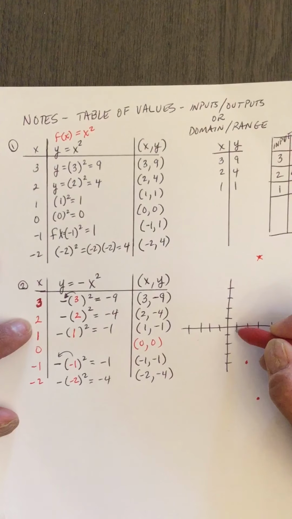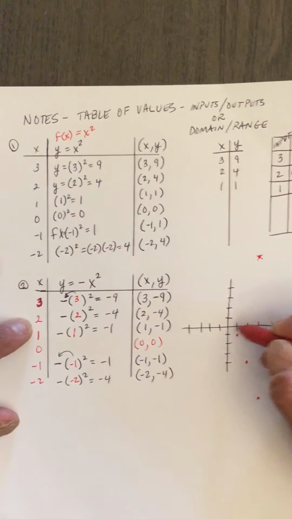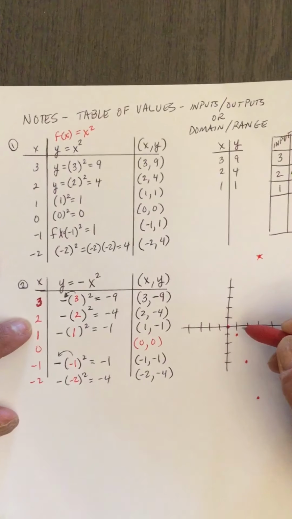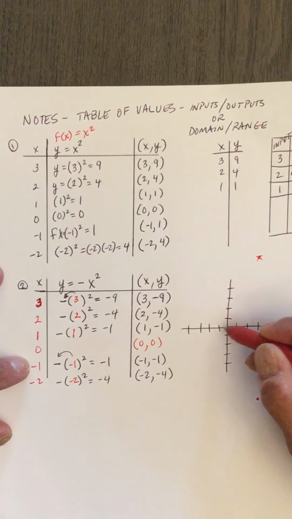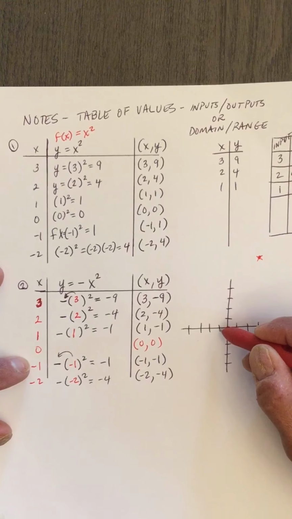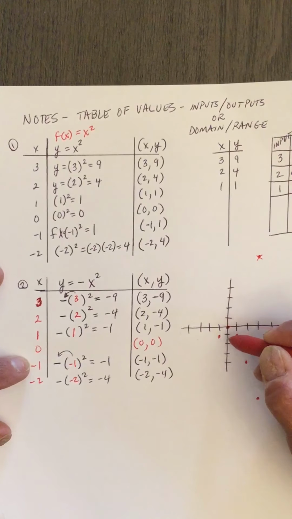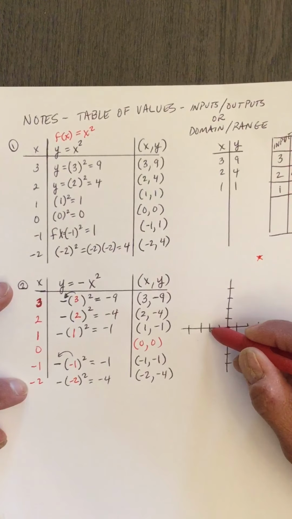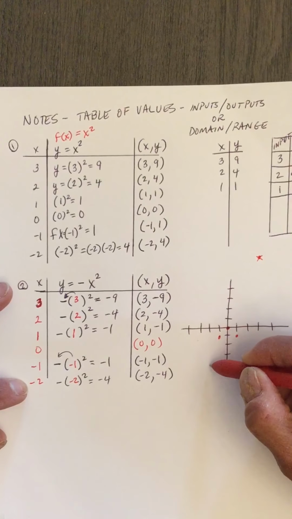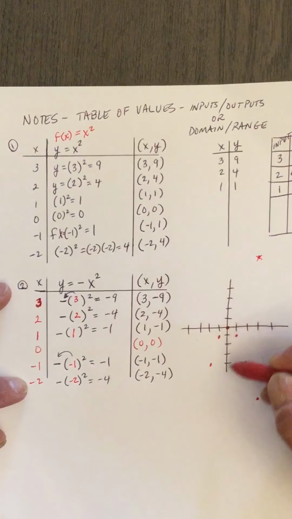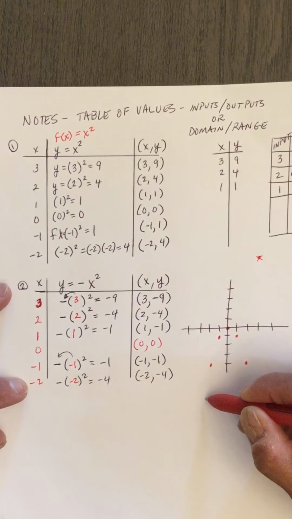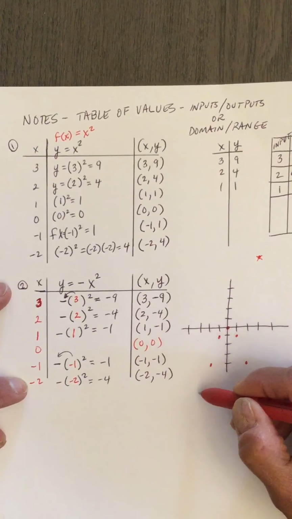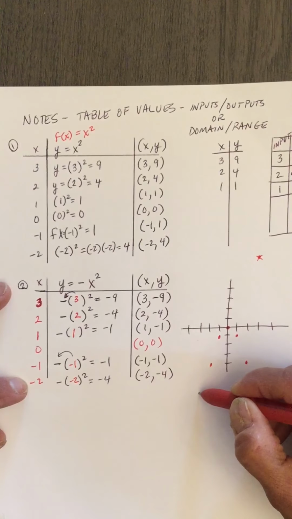1, negative 1 is right there. 0, 0 is right there, right? Negative 1 and negative 1 is right there. And then negative 2 and negative 4 is right there. And as you can see, we have a parabola, the shape of a parabola, right?